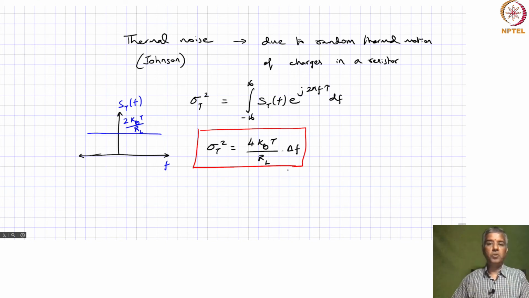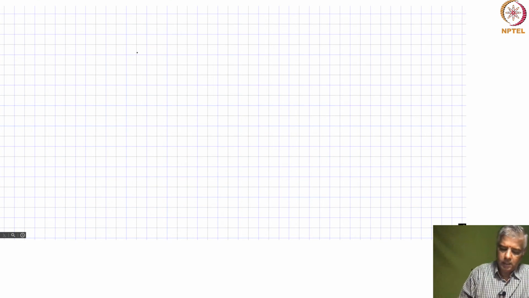But mind you, that's actually not a true picture, because when we are looking at this noise, it is referred to the input. So these are all what's called input referred noise. If you want to do a proper noise analysis, let's look into that in a little more detail.